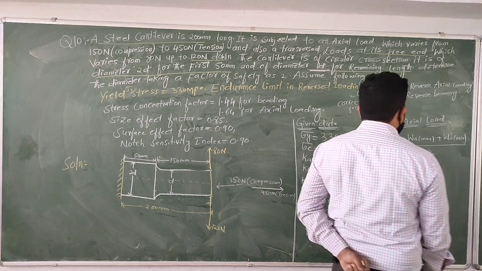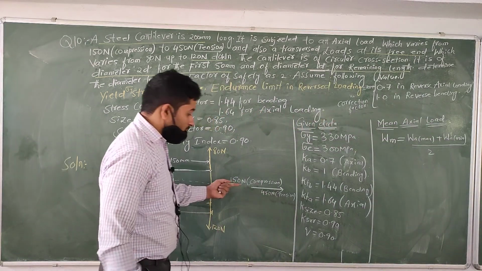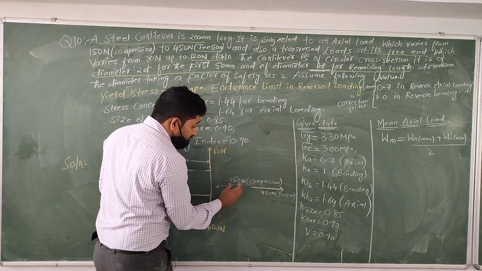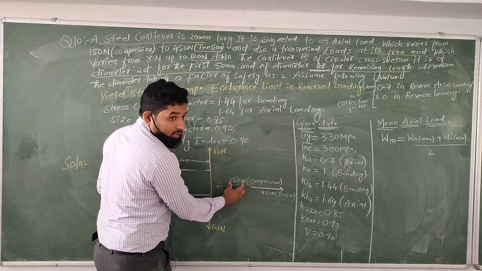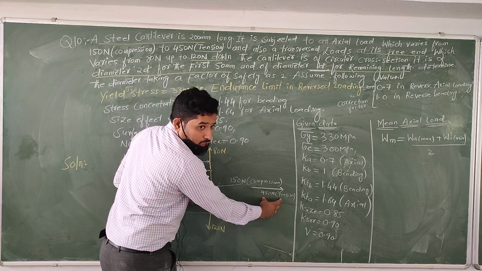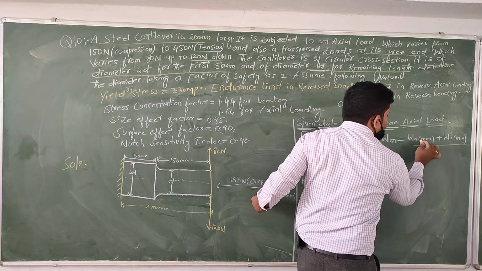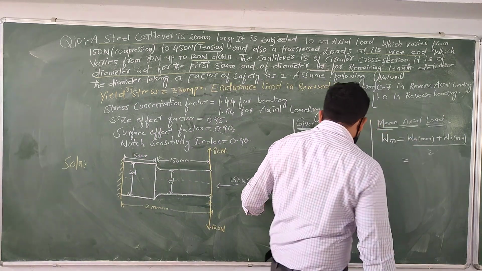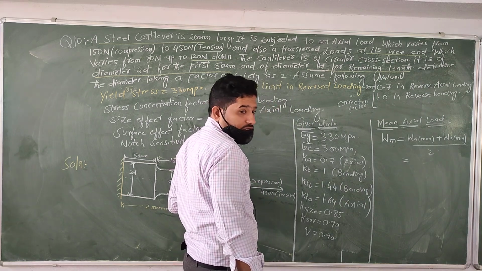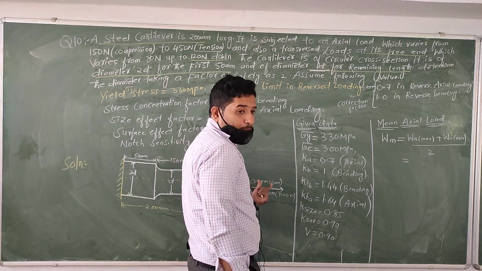Here WA maximum load, how much is that here? This is axial load. The axial load has compressive nature and tensile nature. The compressive is in negative, and tensile nature is in positive. The tensile load, so we can represent here WA maximum, how much we got it here? 450. The minimum load is how much is there? 150. 450 tensile nature, 150 is in compressive nature.